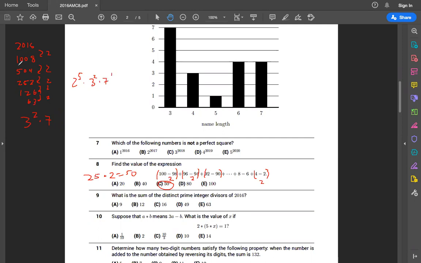And you can check this on your own if you want. So now all we have to do is just add up each of the primes, so 2, 3, and 7, and that's 12. Notice it says distinct, which means that we only count each of the primes once, because they all have to be different.